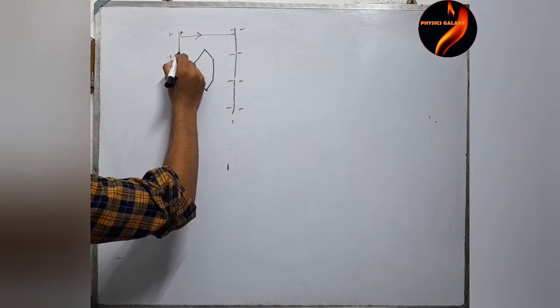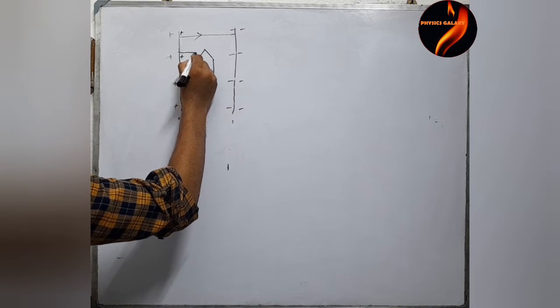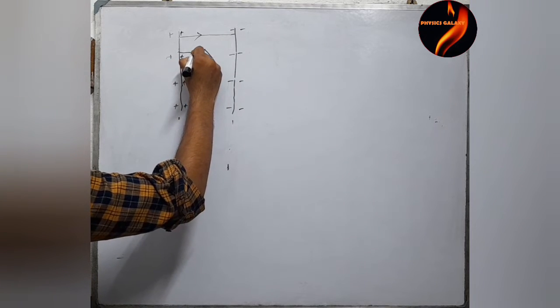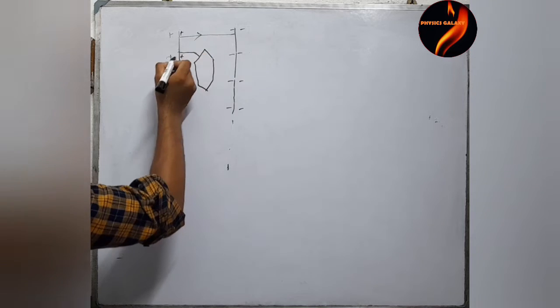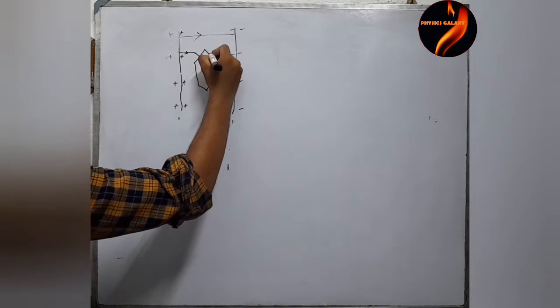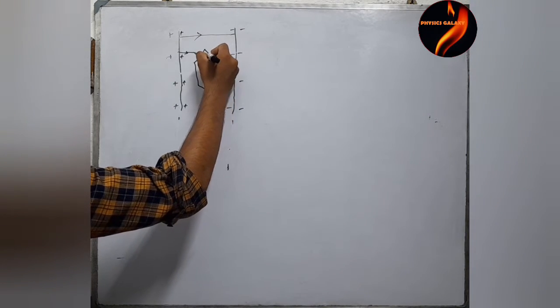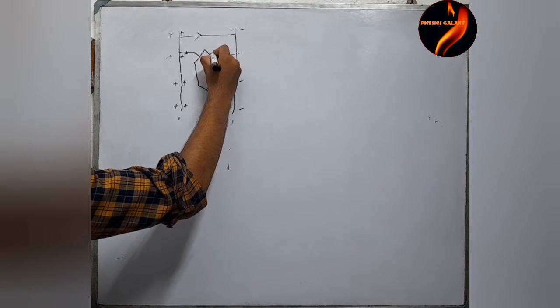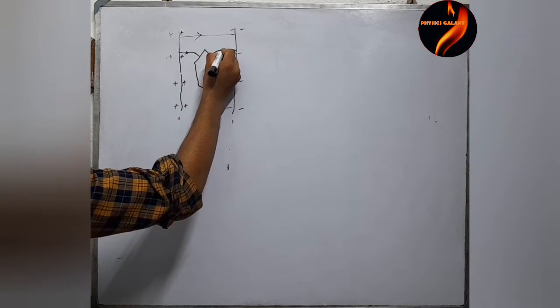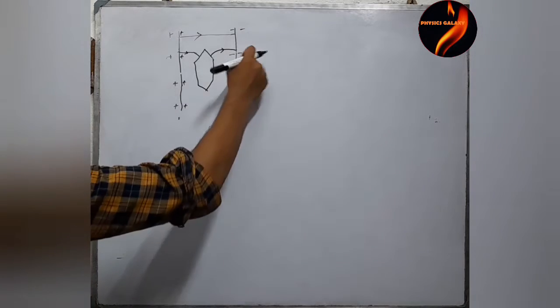But when it starts from here, it ends at the conductor surface perpendicularly, and similarly it starts from the other surface perpendicularly and ends at the negative surface of the conductor.